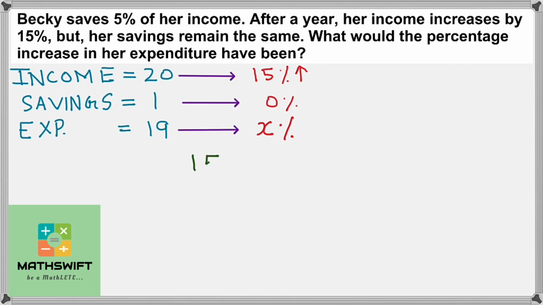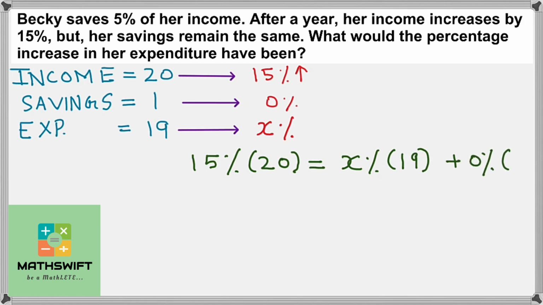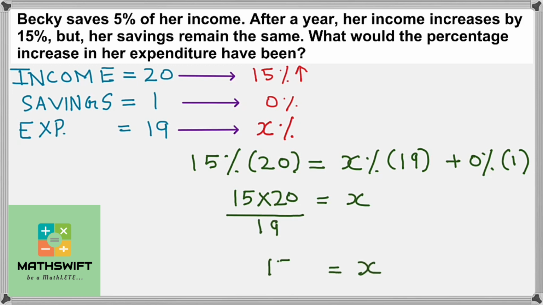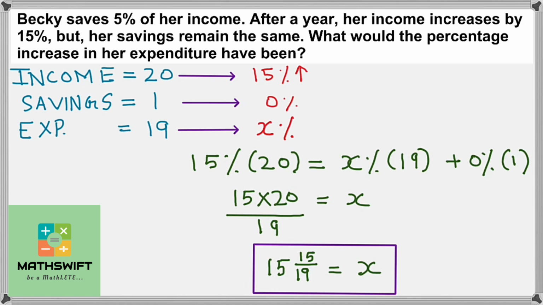So this can be written mathematically as 15% of 20 would be equal to X%, that is the increase in her expenditure of 19 units, because 19 units is what she is spending out of 20 units that she is earning. On solving, X comes out to be 15 upon 19.